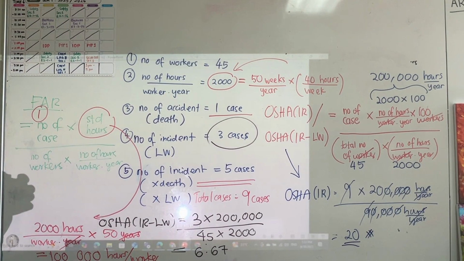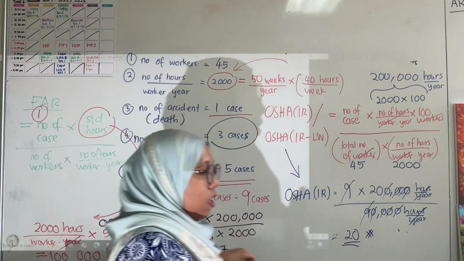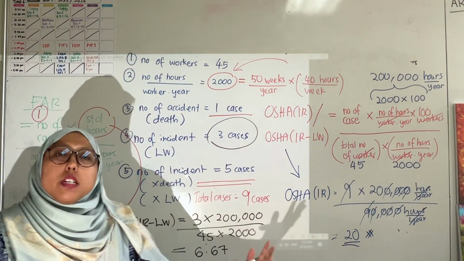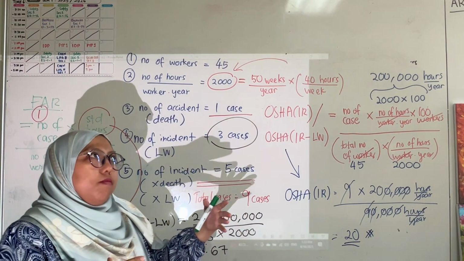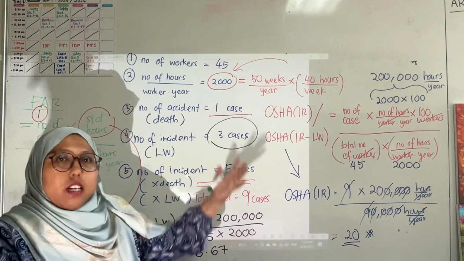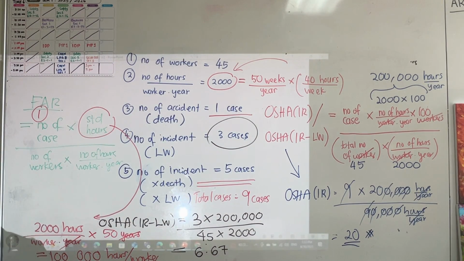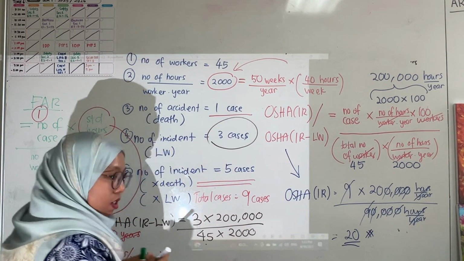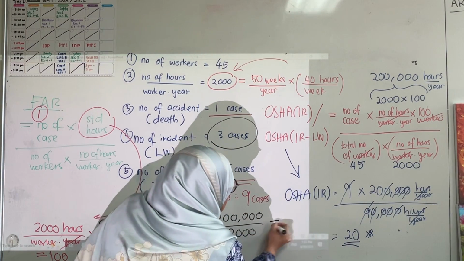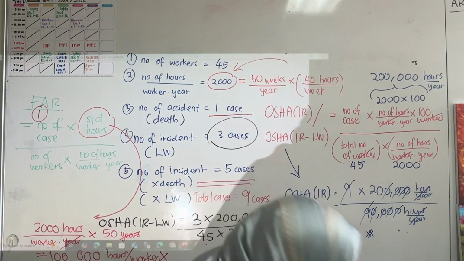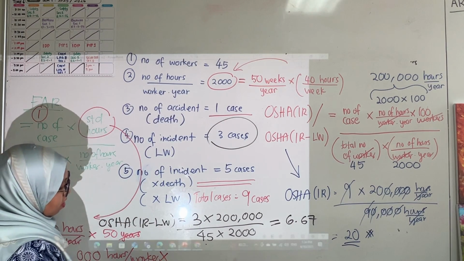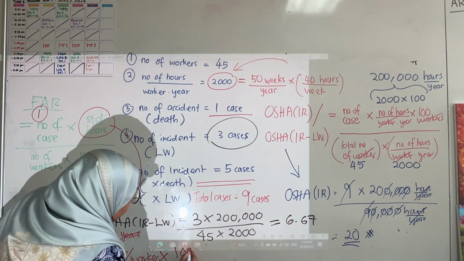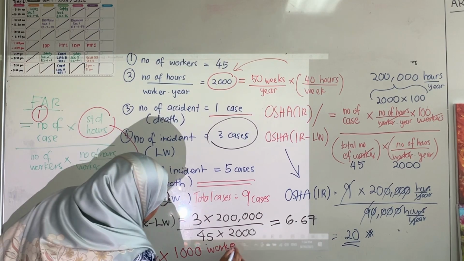Another thing that is very important, in order to calculate FAR, you also need to look at the standard number of workers for a standard company. For this one, the number of workers is 1000 workers.